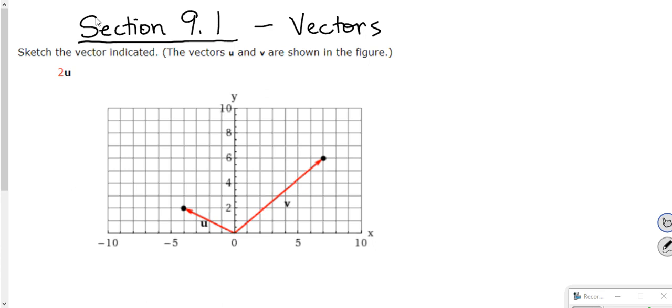It says sketch the vector indicated. The vectors u and v are shown in the figure. Now, they want 2u. Well, what does that mean? Essentially, these are starting at the origin. You can tell by the picture. And then you can identify a vector, almost like an ordered pair, based on its components.